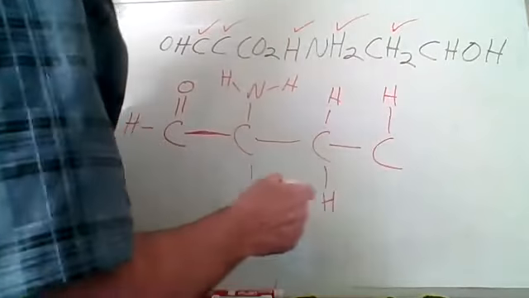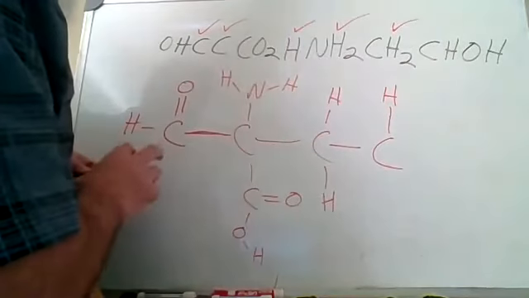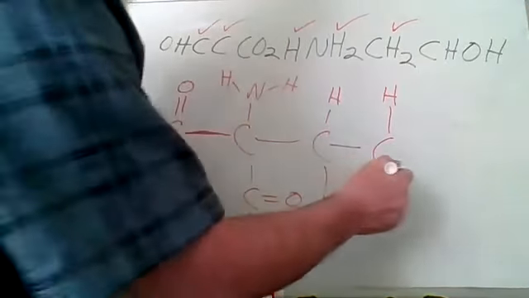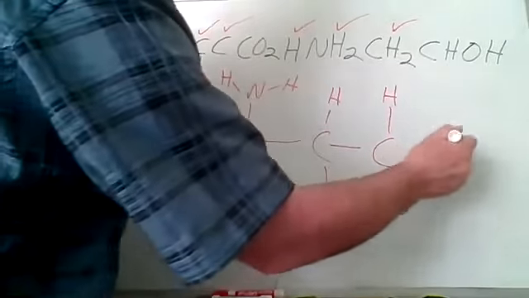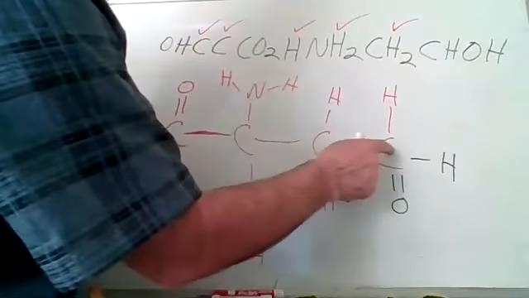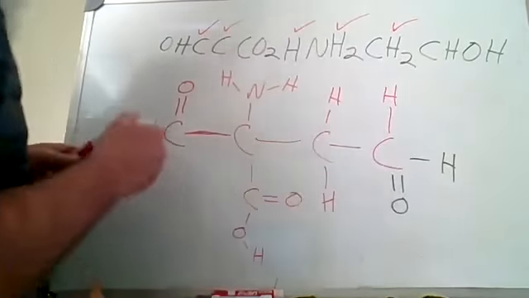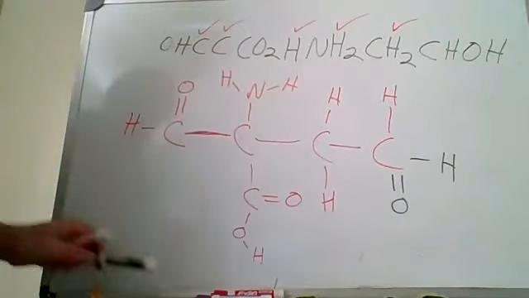And then this has to be an alcohol, because, don't write this, if I make that an aldehyde like that, this carbon now has 5 bonds. It now has 5 bonds, which it cannot have.